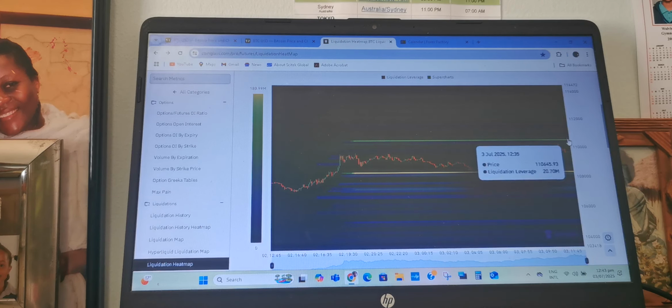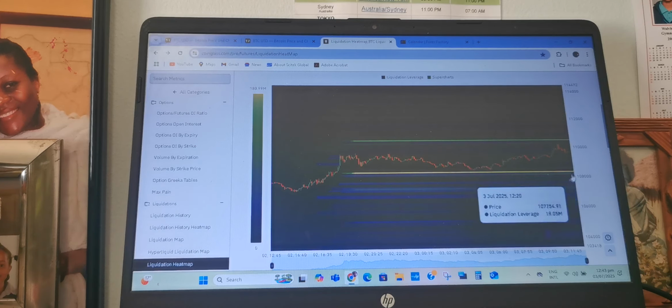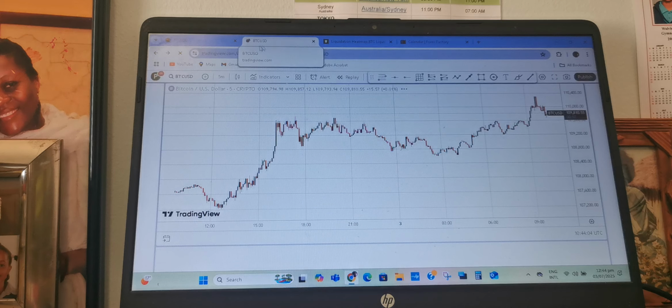But I would say this one is much closer than that one, so the market is more likely to go and get this one first before it comes to the other. But the market will be the market. Sometimes it doesn't do that. I'm just saying the likelihood is of getting the one that is near first rather than the one that is far away.